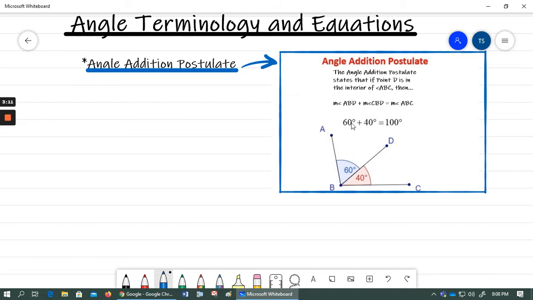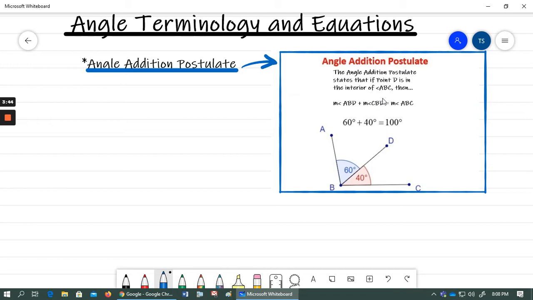The measure of angle ABD plus the measure of angle CBD has to be equal to the measure of the whole angle, the measure of angle ABC. You can see based on the diagram, the measure of angle ABD was 60, and the measure of angle CBD was 40.